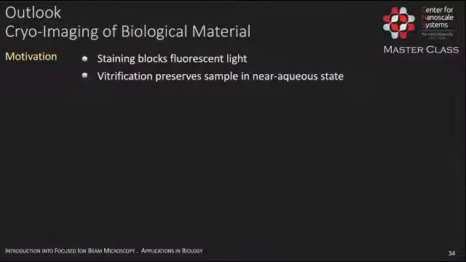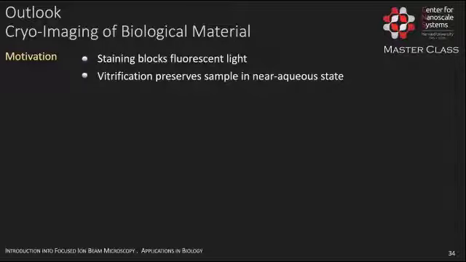I would like to close the talk with an outlook. As I said, we have the possibility now on the site to do cryo-imaging in principle. And the basic motivation for that is that there are two basic motivators. One is that the staining of the traditional preparation technique blocks the fluorescent light information.